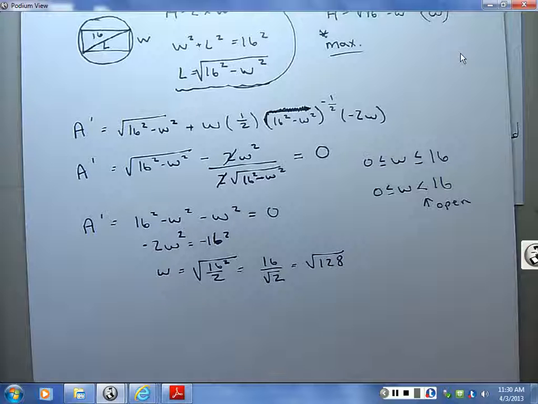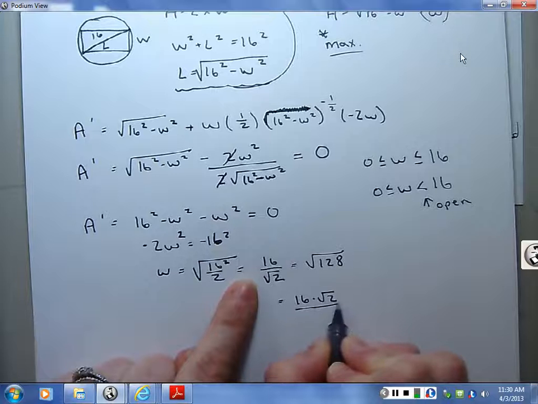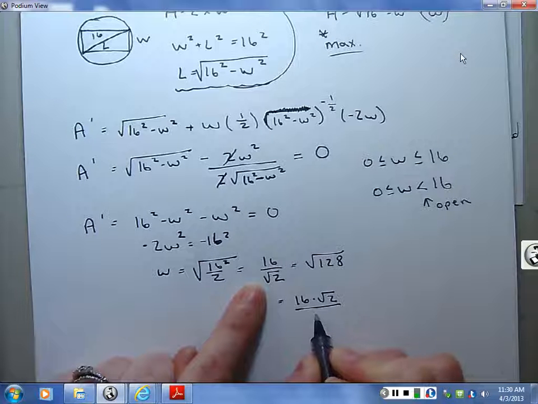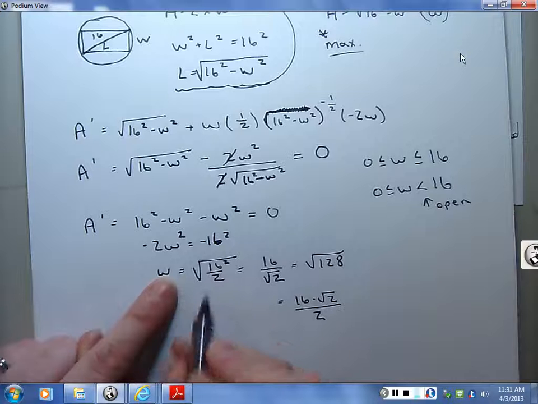Question. Does that equal square root of 128 at the end? It does. So I did this one in the last class period, and it turns out here I can write this as 16 times square root of 2 over 2, right? It turns out 16 squared is 256.